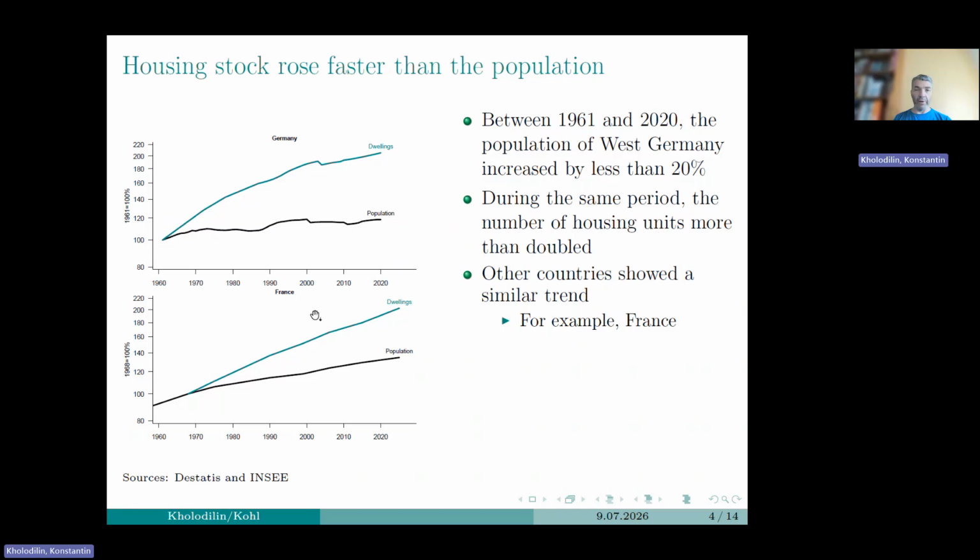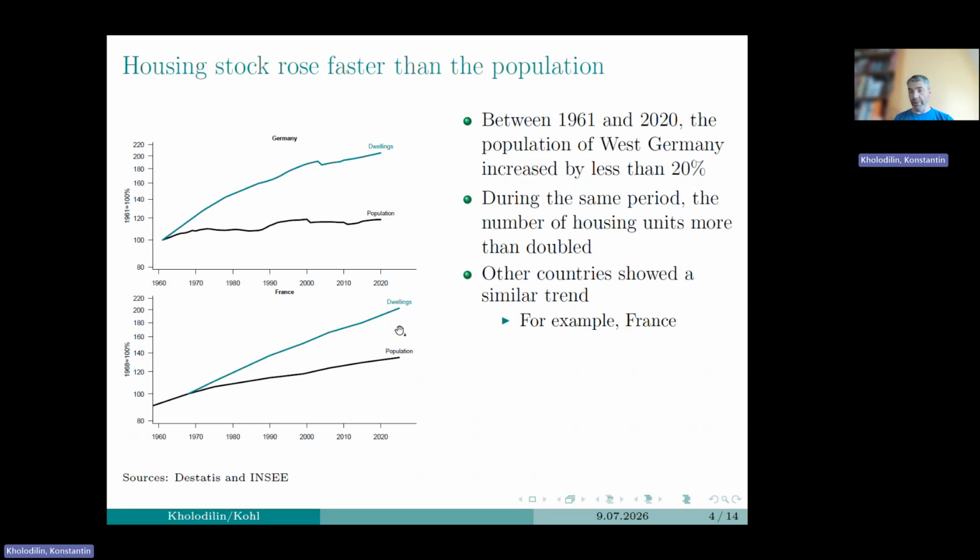The same thing happened also in France. Here we have slightly different time horizons, but this doesn't affect the main conclusions. We have a rapid increase in the number of dwellings, which by far exceeds the population size increase.